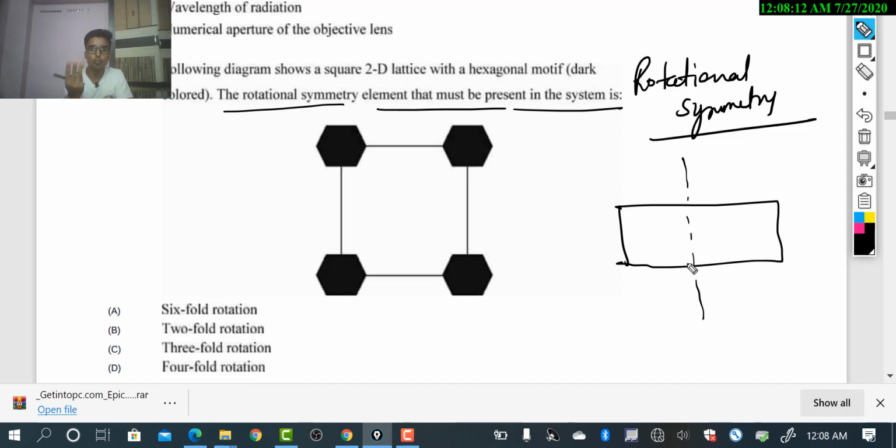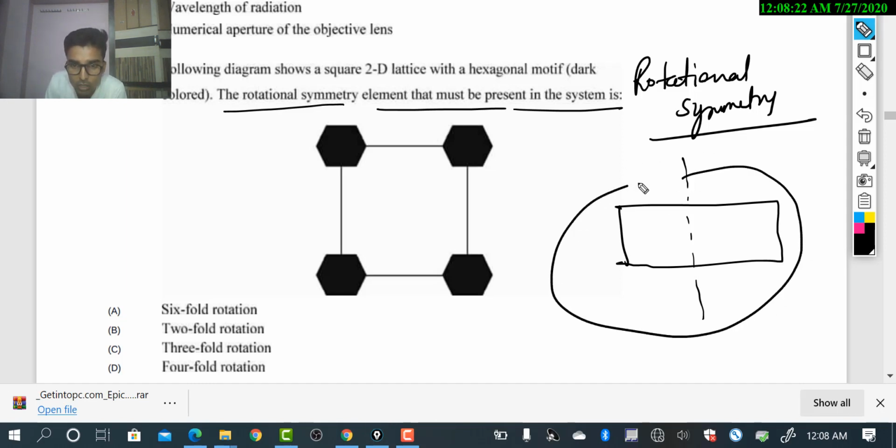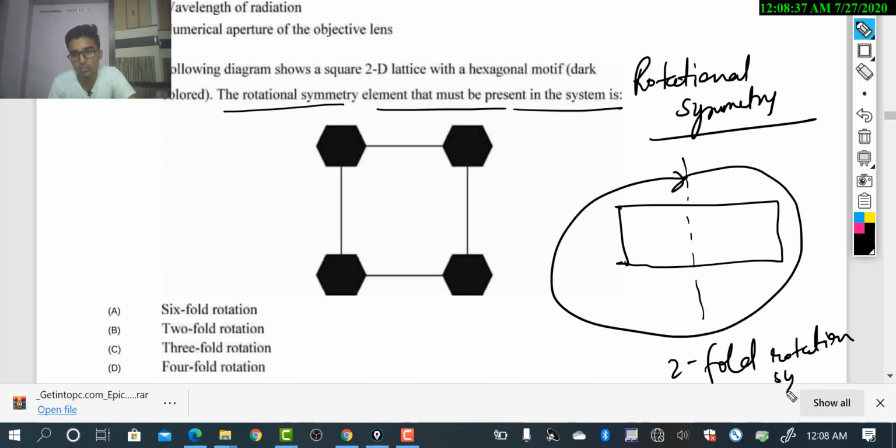If it has a 3-fold rotational symmetry element, it means it repeats itself 3 times in one complete cycle of 360 degrees. Here, if you rotate it from 0 degree to 360 degree, we see it repeats itself after every 180 degrees. So 2 times it is repeating itself, so it has a 2-fold rotational symmetry element.